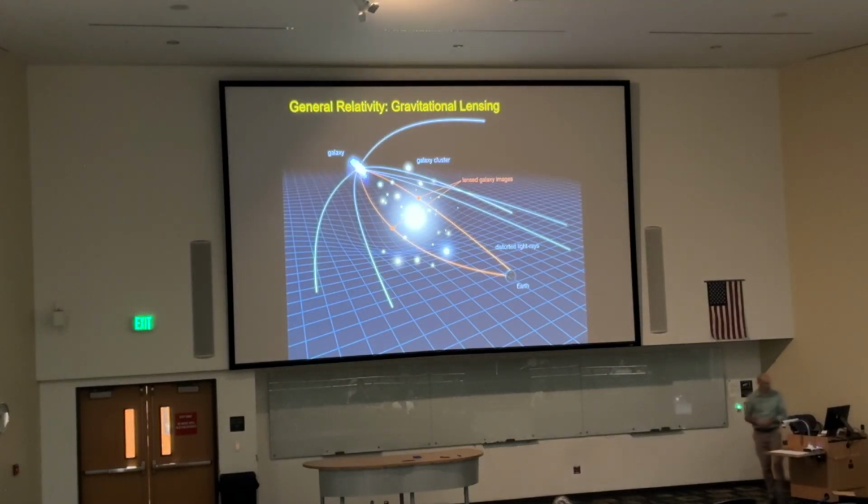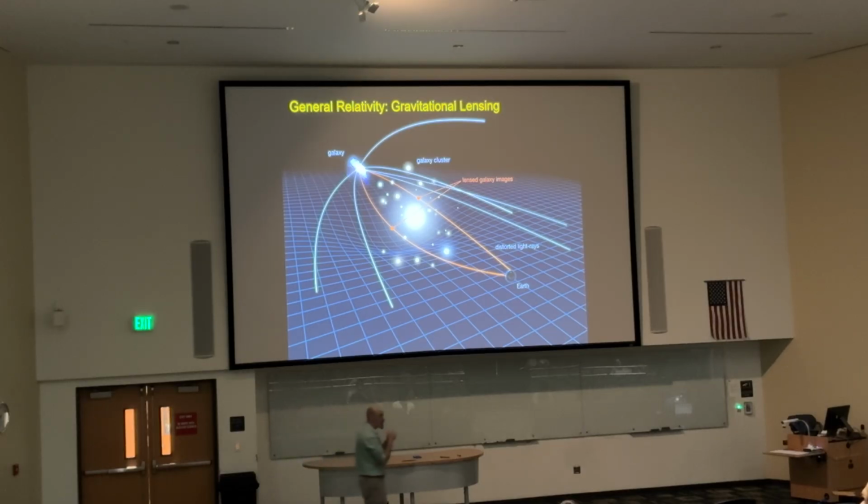So here we are on Earth, and if I have a galaxy cluster at some very large distance from us, Earth is not shown in scale, right? The galaxy cluster has enough mass that it can curve the space near it, which is shown by our sheet underneath it being depressed in the same way that the bowling ball or the sun did. And the path of light from some galaxy that's even more distant than the galaxy cluster can be curved around this galaxy cluster and then reach the Earth.